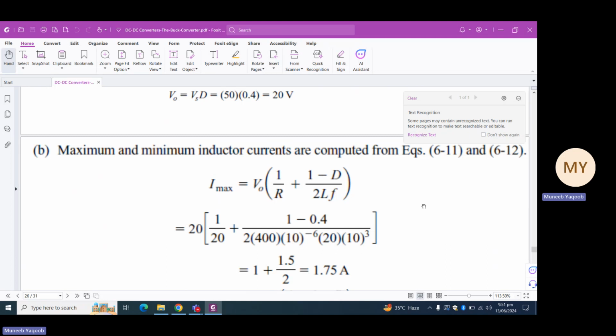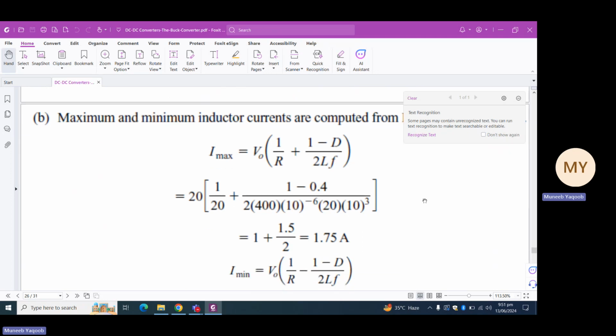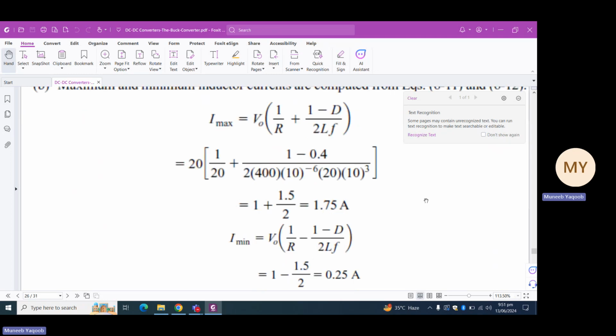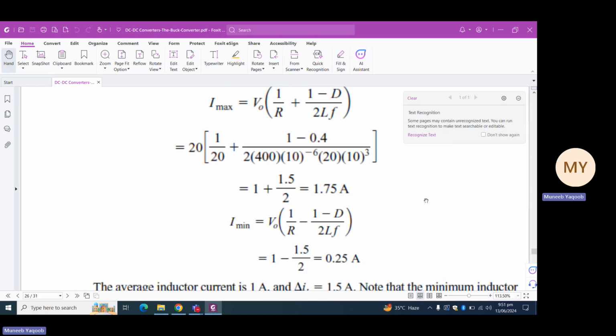So this tells us that the delta IL is 1.5. So the maximum current is 1.75 ampere. Delta IL is 1.5. Now we will calculate the minimum current using the expression derived in the previous lecture. And again, we get the minimum current as 0.25 ampere.